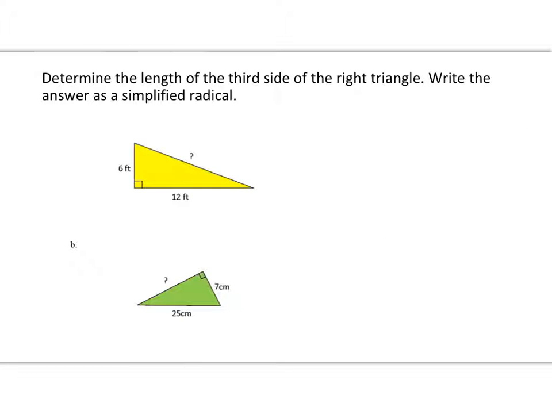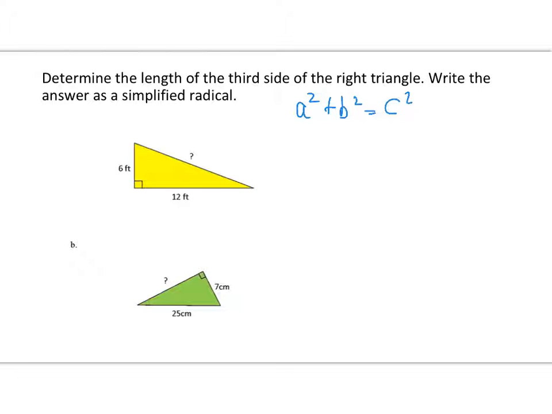So in our last two problems, we're determining the length of the third side of a right triangle. Write the answer in simplified radical form. So we remember the Pythagorean theorem: a squared plus b squared is equal to c squared, where c is the hypotenuse, a is the shorter side, and b is the longer side.